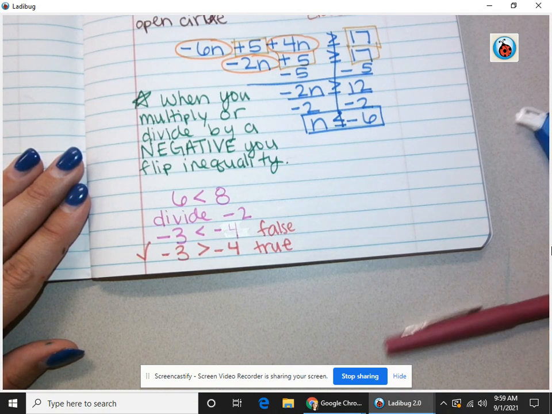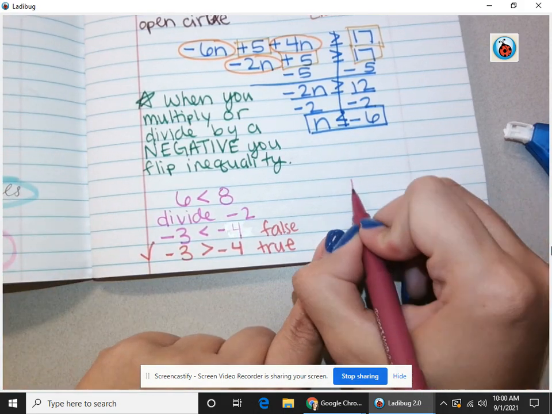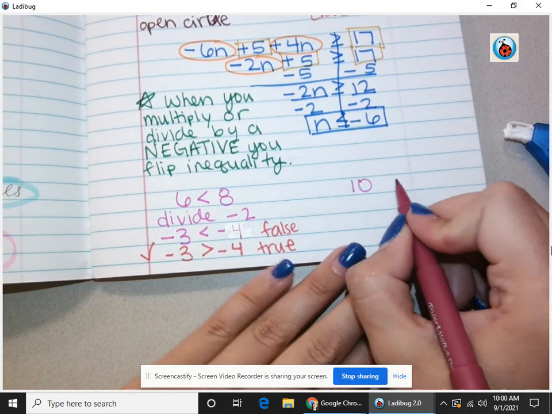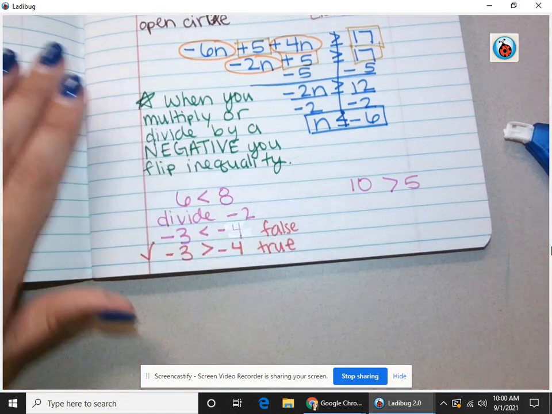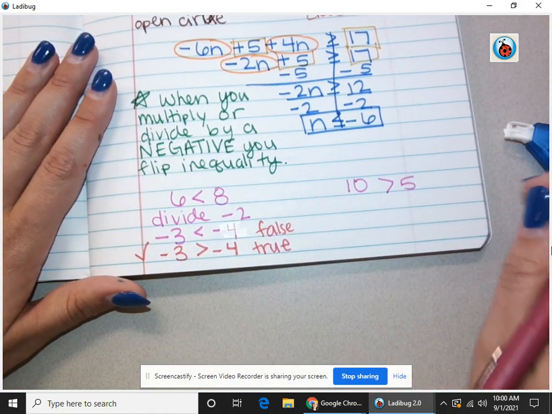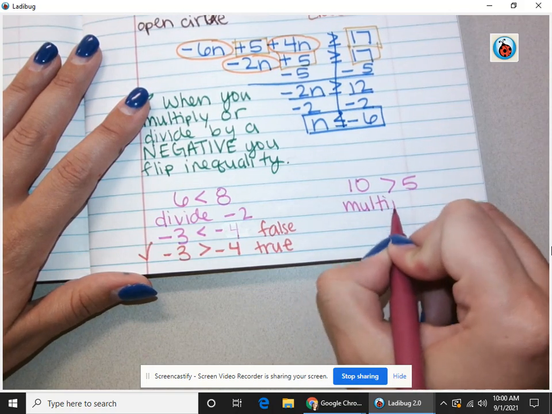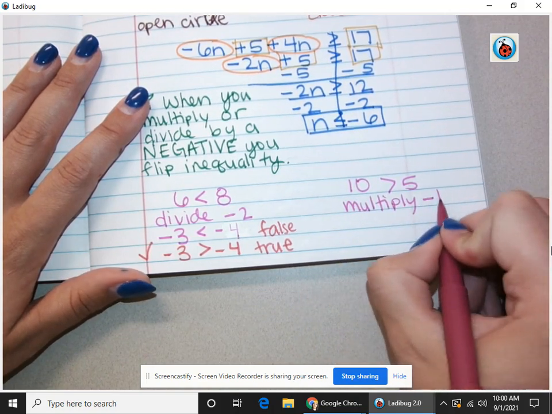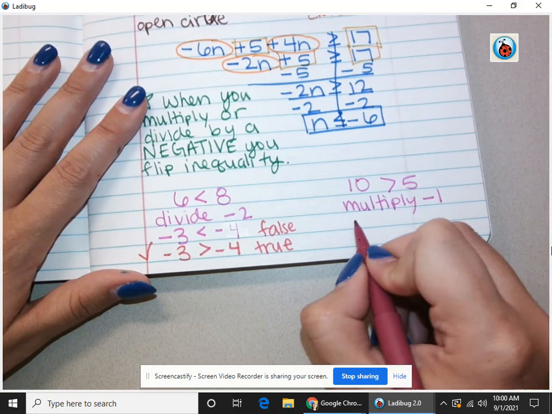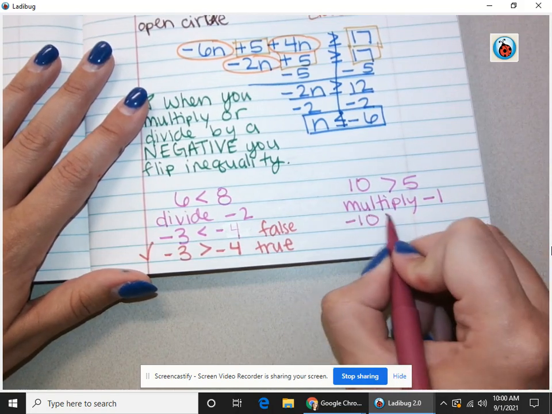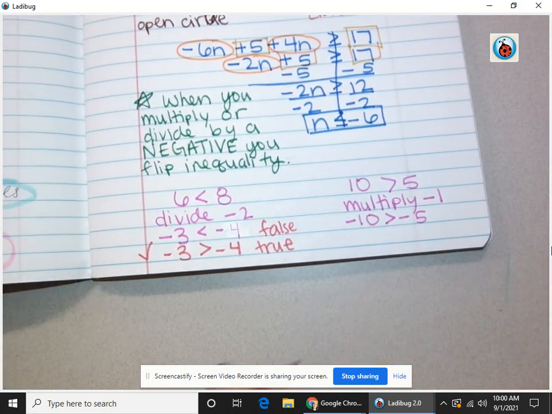Another example, if I have 10 is greater than 5, that's true, right? But if I multiply by just say negative 1, I get negative 10 is greater than negative 5.